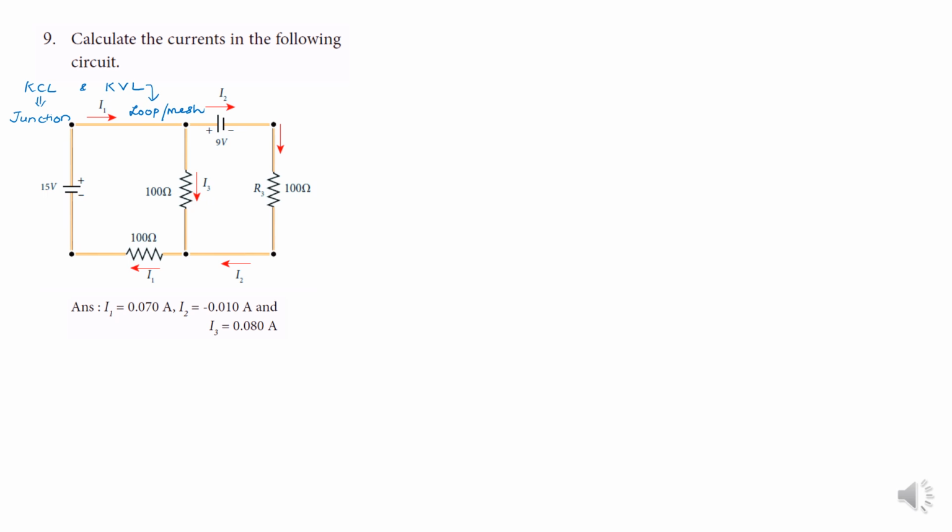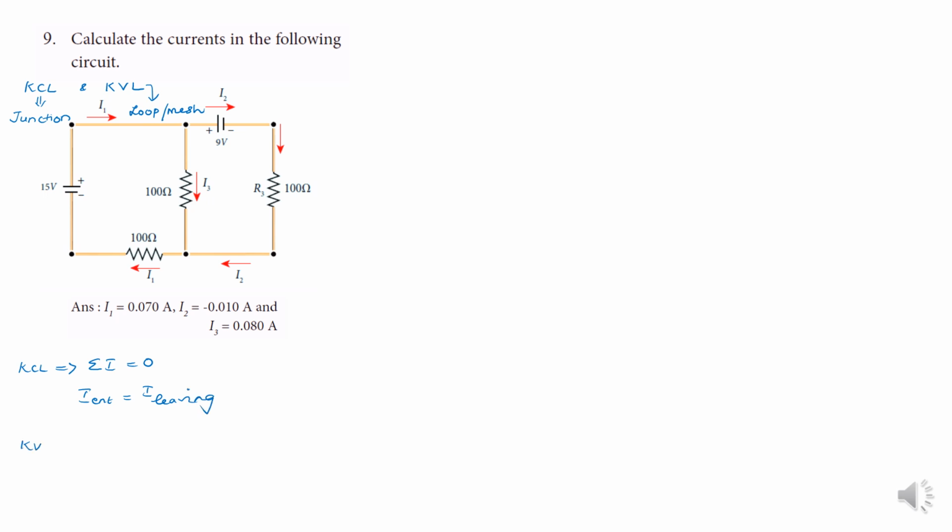So what is Kirchhoff's current law? Kirchhoff's current law states that the algebraic sum of current at any junction is 0. What does that mean? The total current entering is equal to the total current leaving.